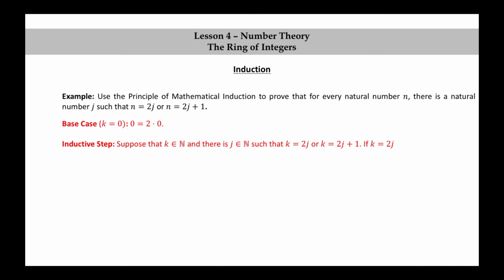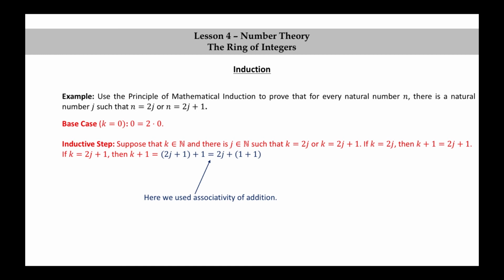If k is equal to 2j, then k plus 1 is 2j plus 1. If k is equal to 2j plus 1, then k plus 1 is (2j plus 1) plus 1, which, using associativity of addition, is 2j plus (1 plus 1), which is 2j plus 2, and that's equal to 2 times (j plus 1) using left distributivity.